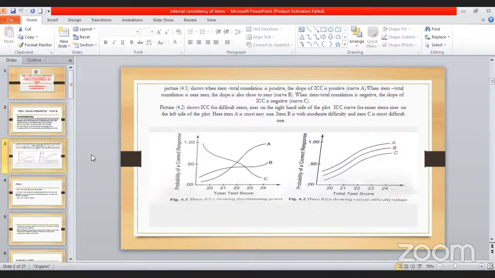You can see here in picture 4.2 that the slopes of those curves are the same, because the discrimination power of those curves is the same, but the difficulty values are different, so the positions of the curves are different. Clear? Yes, thank you.